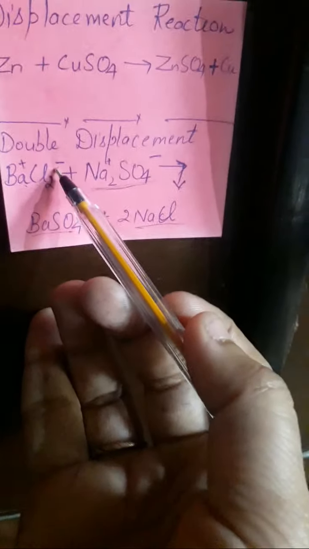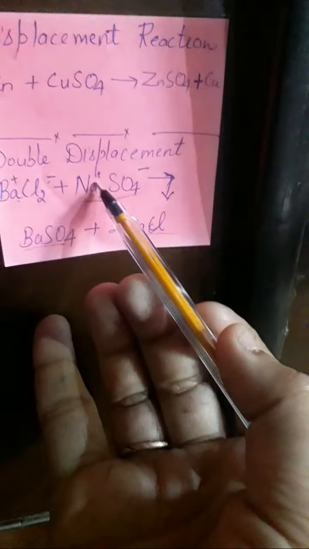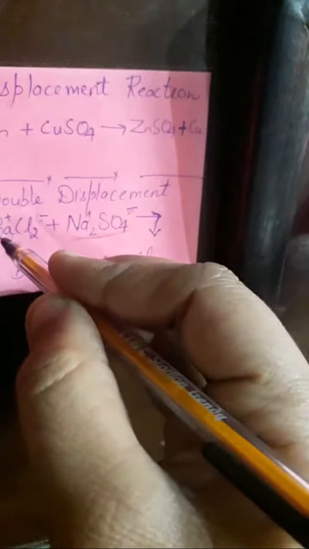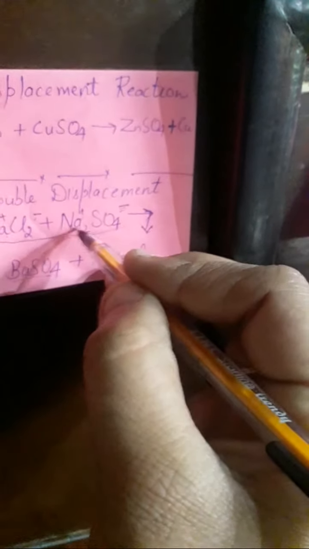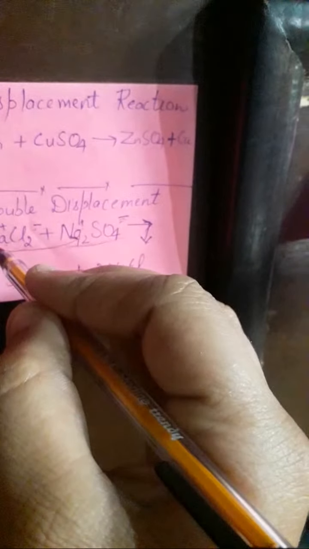Chlorine has a negative charge, so it is an anion. Sodium has a positive charge, so it is a cation. Sulfate has a negative charge, so it is an anion. Here barium is taking the place of sodium, and sodium is taking the place of barium.